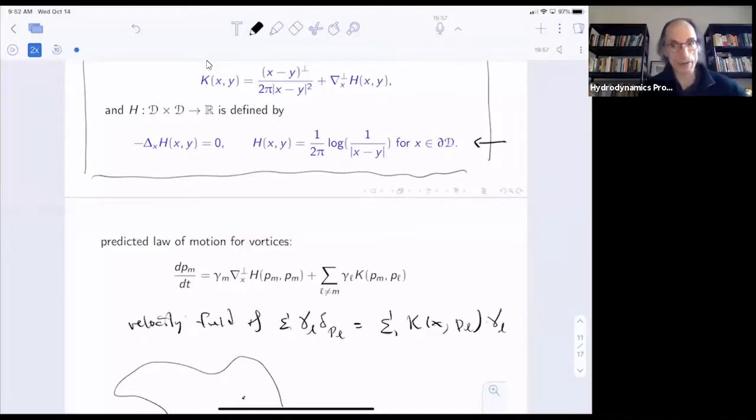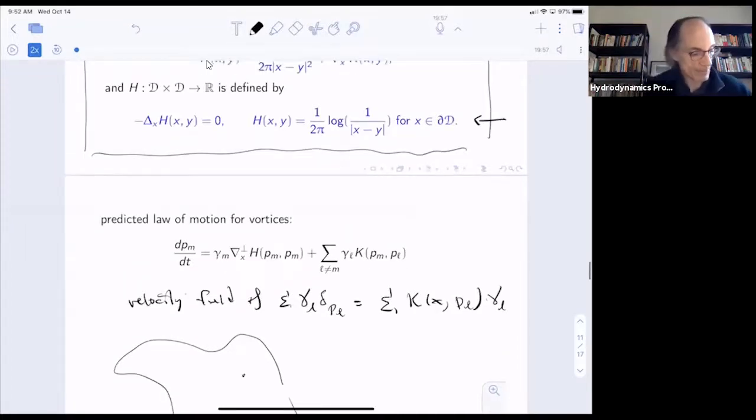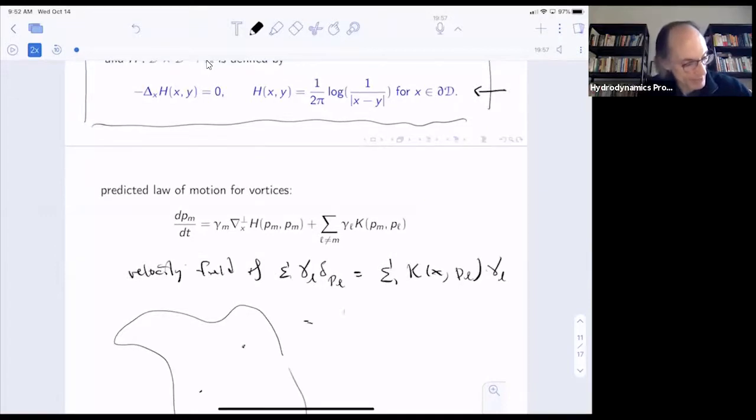So this K(x, P) is exactly the velocity field generated by a unit of vorticity at the point P. And then each of these Ks has two pieces. There's an (x minus P_L) perp over this thing squared, and then there's a grad perp of H(x, P_L).